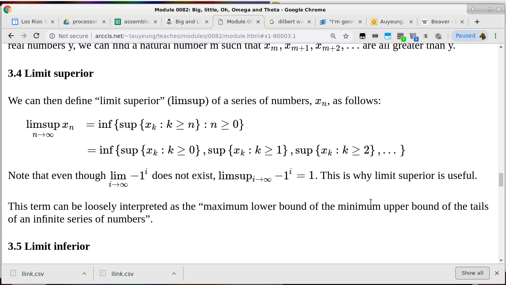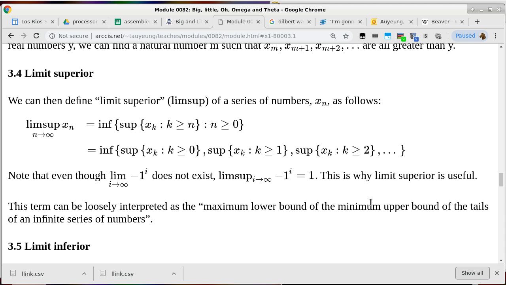What kind of supremum are we talking about? When you expand this, it becomes something like this. When n equals 0, the element we'd be looking at would be the supremum of xk, where k is greater than or equal to 0. So starting from 0, what is the minimum upper bound of the series, including x of 0? You take that value, and that becomes the first element of the set that you apply infimum to.